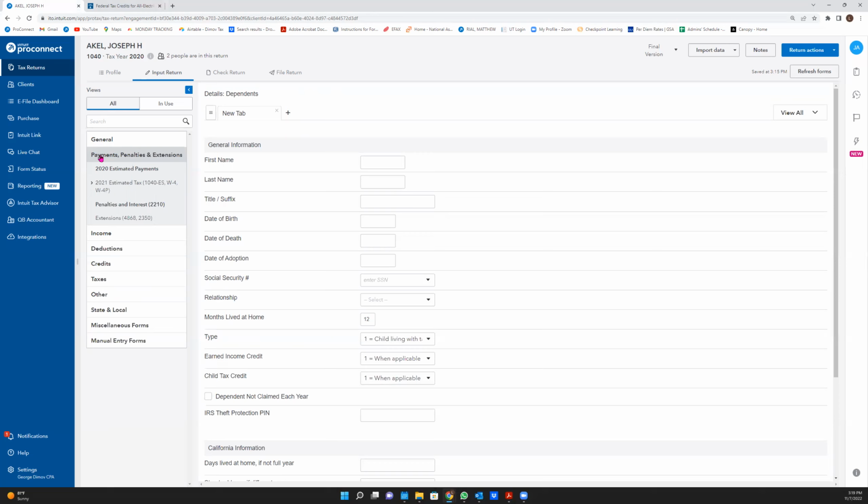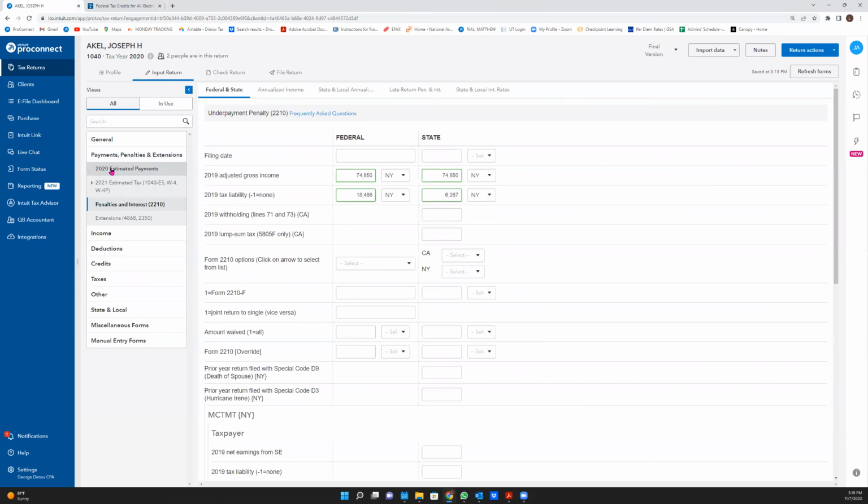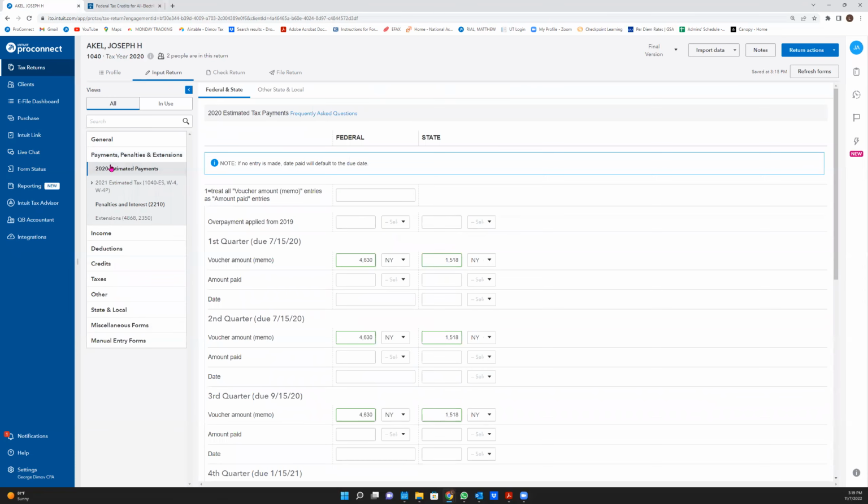Okay. Next step, payments, penalties, and extensions. Very, very important tab, okay? Mostly, we are going to be concerned with 2020 estimated payments.